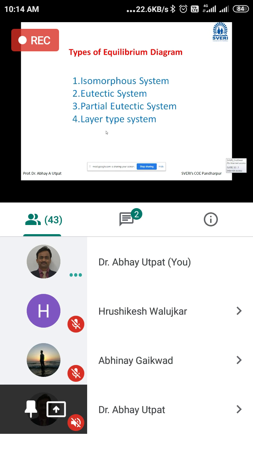Or in an MCQ, the question may be related to solubility. Now, all the four diagrams I am going to define in terms of solubility limit, so you will get them one by one.